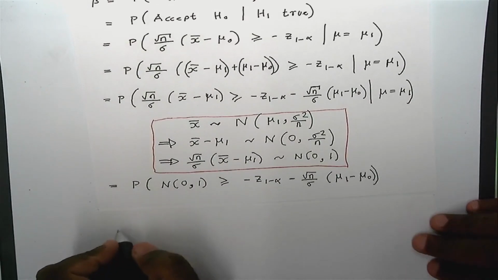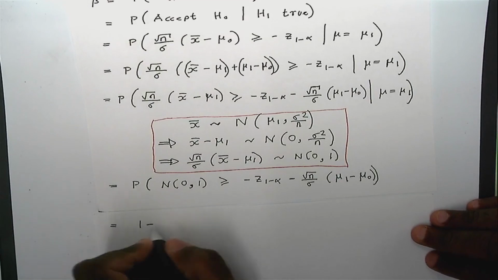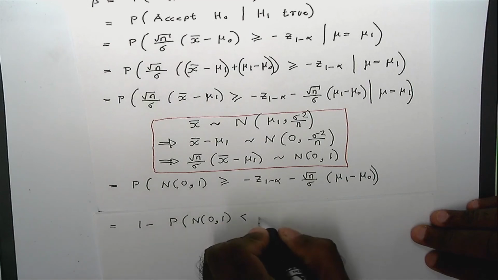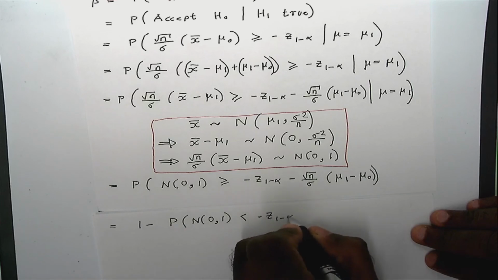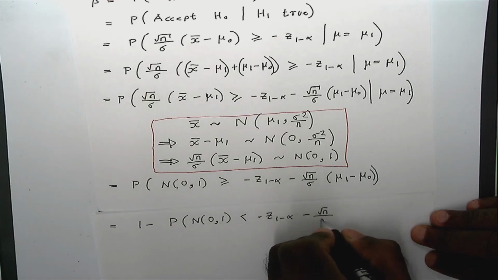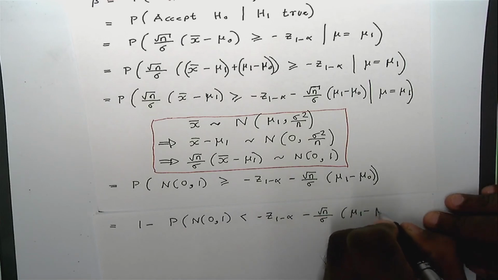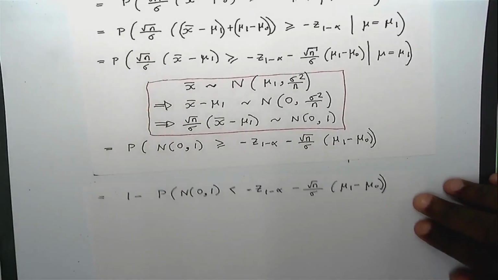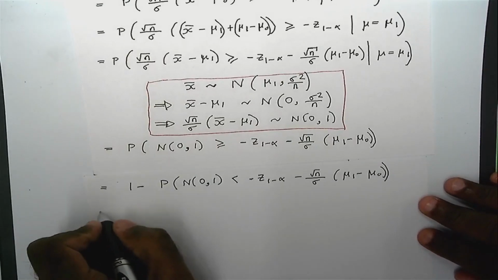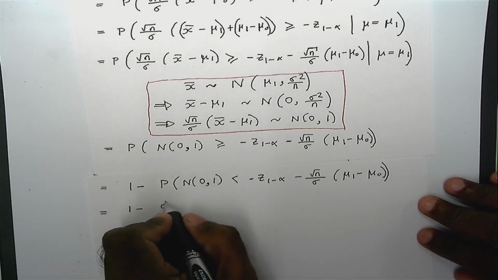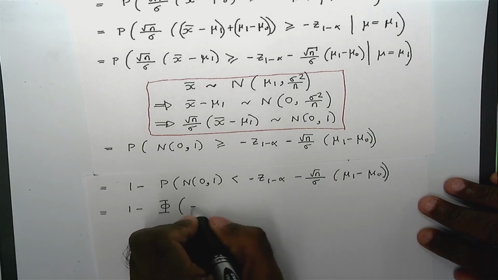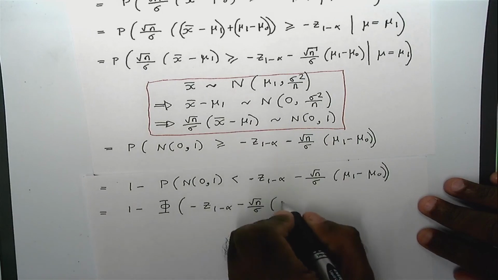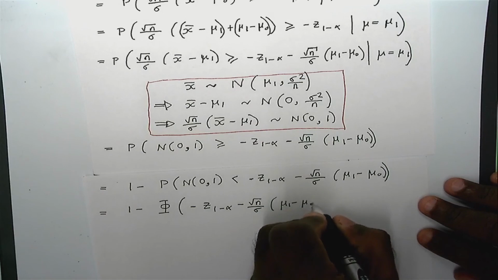I'm going to write this as 1 minus the probability that, like this, yeah, and this you can write as 1 minus phi. Phi is the CDF of N(0,1), yeah.